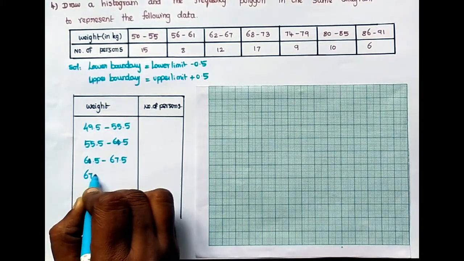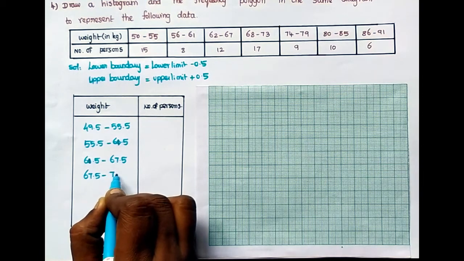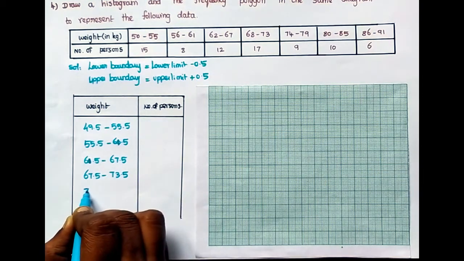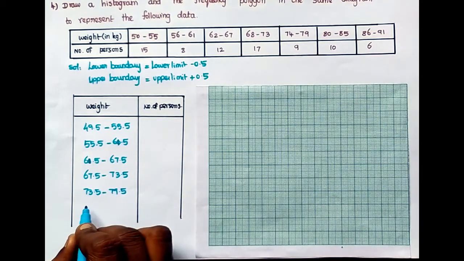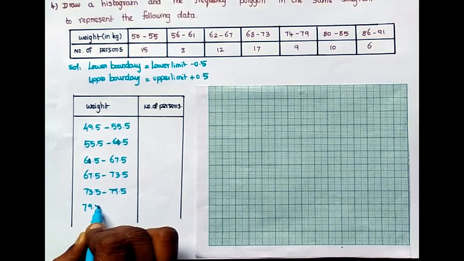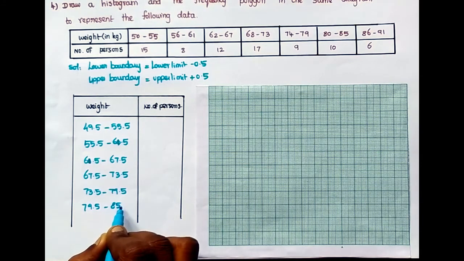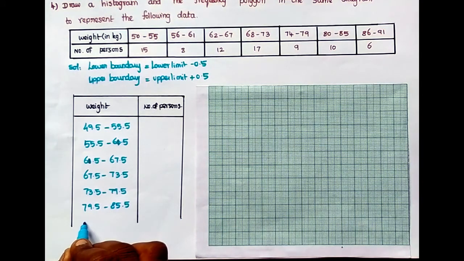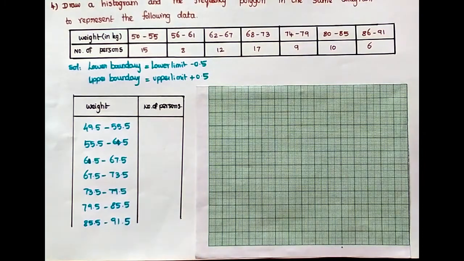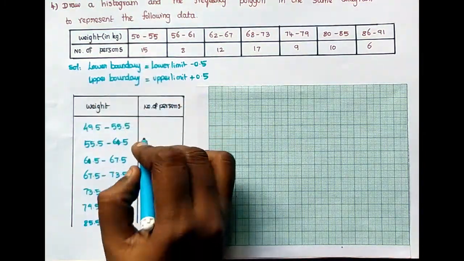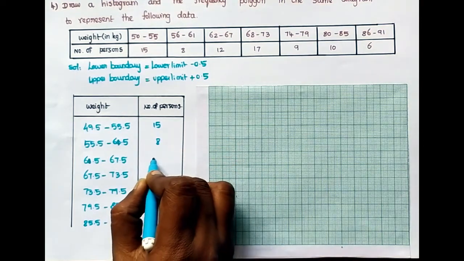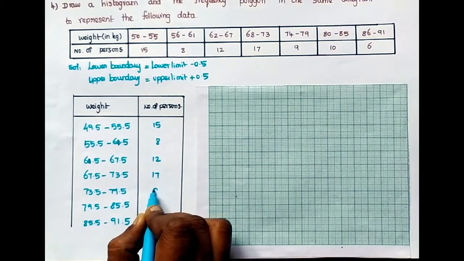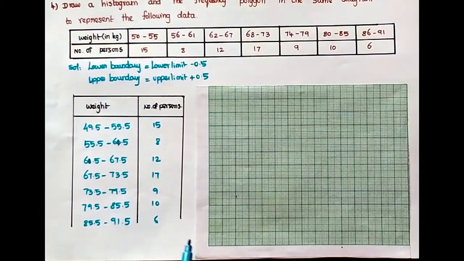So 67.5 to 73.5, then 73.5 to 79.5, then 79.5 to 85.5, next 85.5 to 91.5. Write the frequencies, number of persons, that is 15, 8, 12, 17, 9, 10, 6.